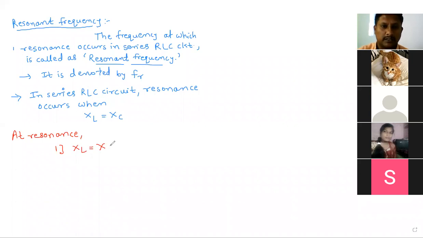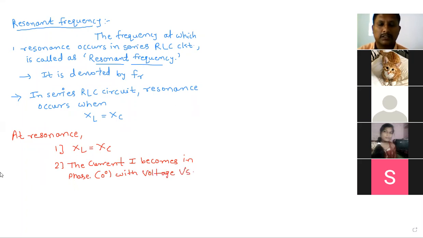Second, the current I becomes in phase, that is 0 degree, with the applied voltage Vs. Third thing, impedance Z becomes minimum.